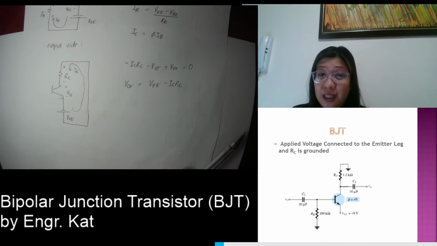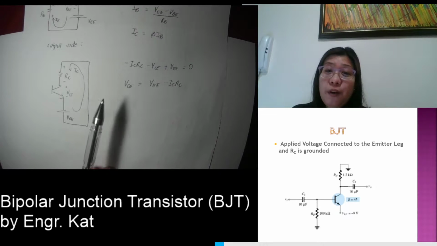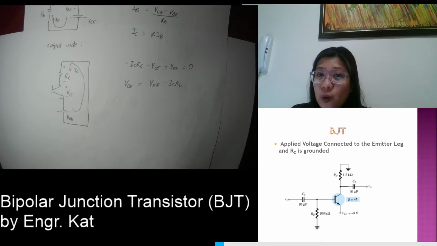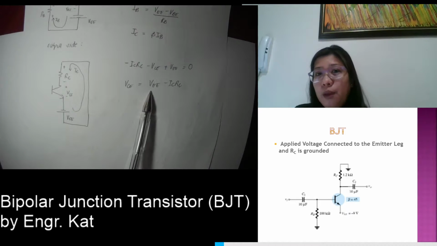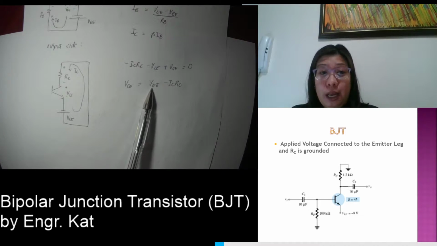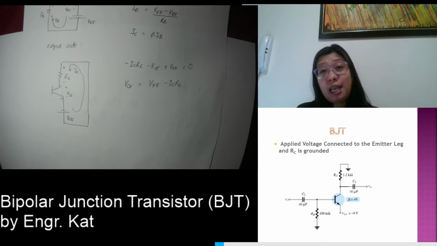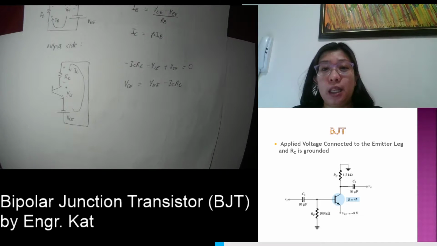It looks like your other formulas for VCE, but the only difference is we used VEE instead of VCC. So why VEE? Because the source is located at the emitter leg instead of the collector leg. So that is the second miscellaneous configuration that we have.